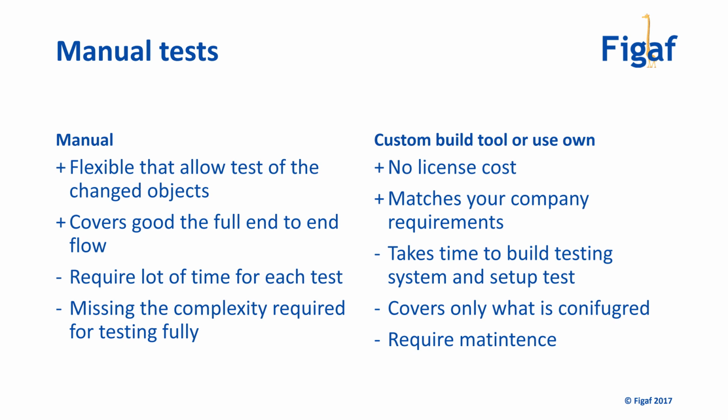The challenge with it is it takes a lot of time for testing, and you have to do that every time you do a retest. And then you may miss some of the complexity, as you're just creating a one-line order instead of the multiple complex orders that you would see in your productive systems with hundreds of different lines.